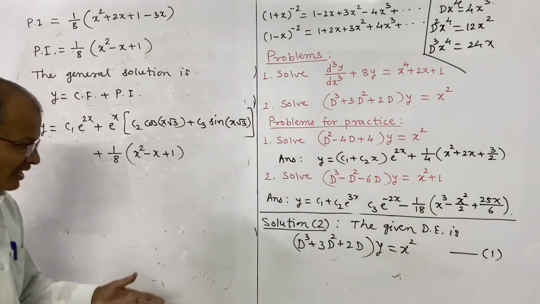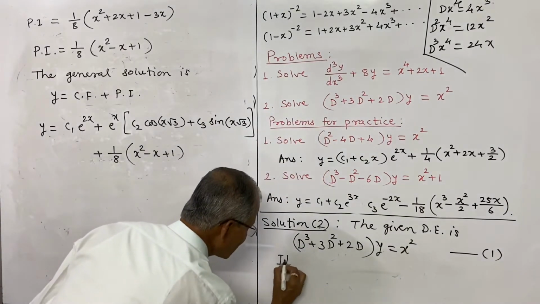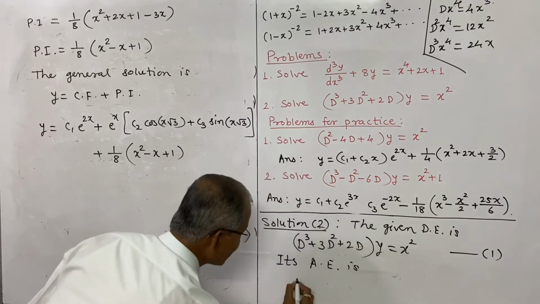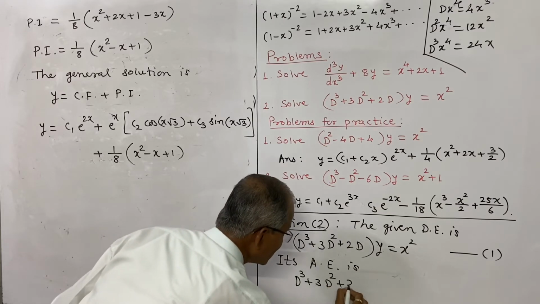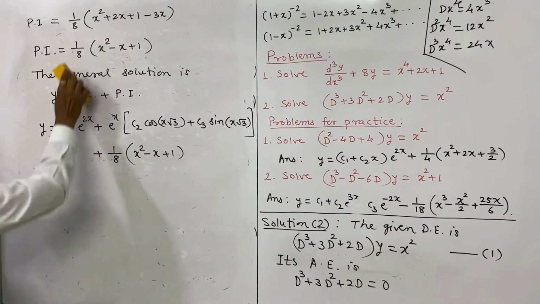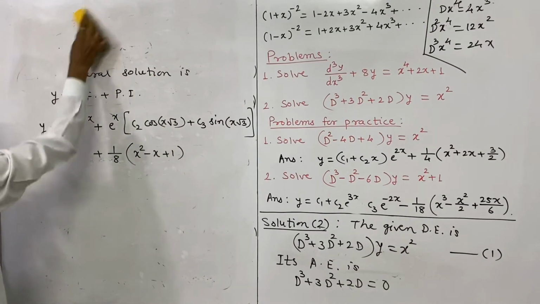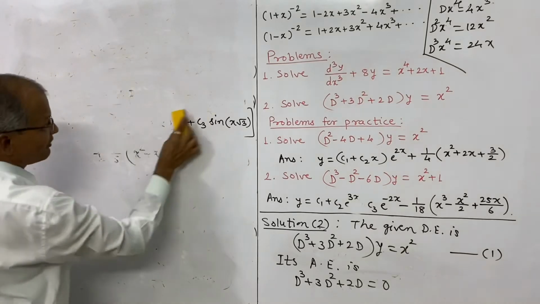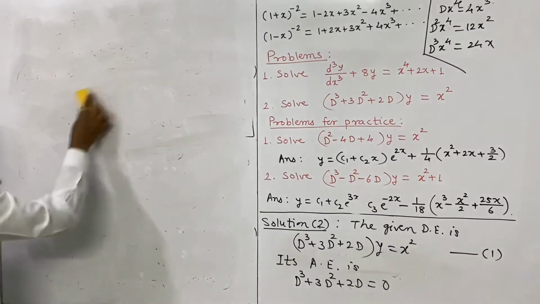And now we write the auxiliary equation. Its auxiliary equation is d cube plus 3d square plus 2d is equal to 0. We shall solve this and find the roots of d, and then find the complementary function first. So we must find first the complementary function and then proceed to find the particular integral.